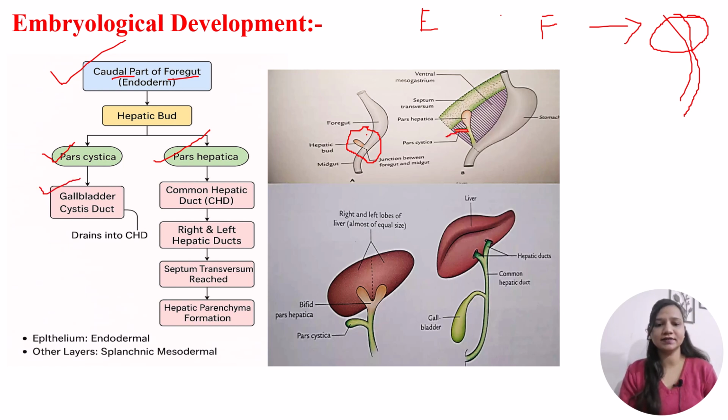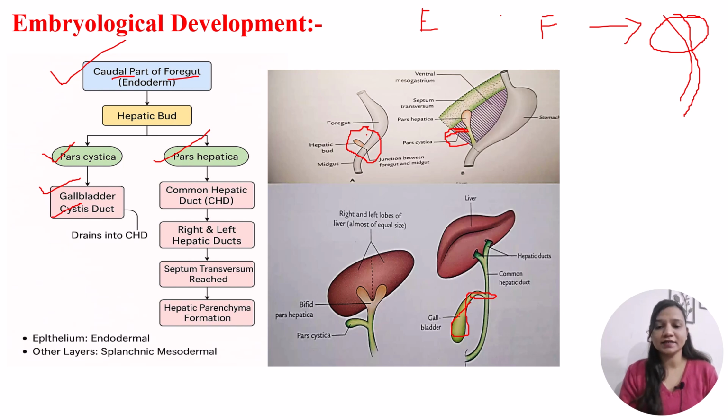Gallbladder and cystic duct. So these two structures develop from the pars cystica, the smaller division of the hepatic bud.